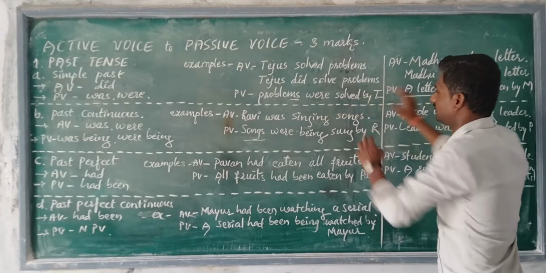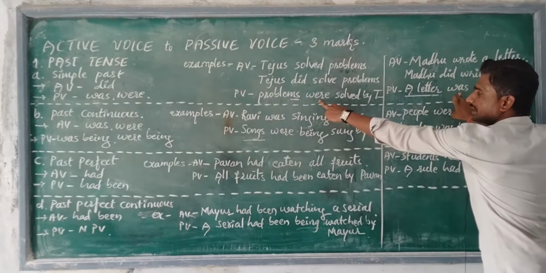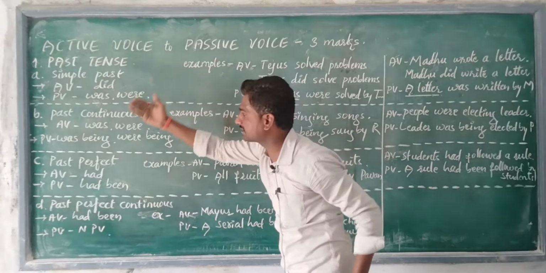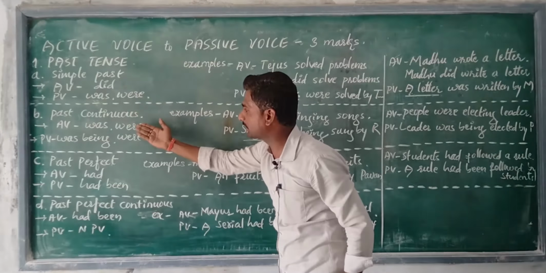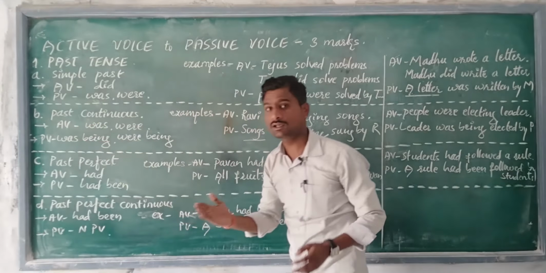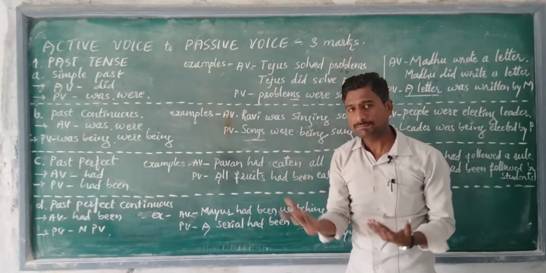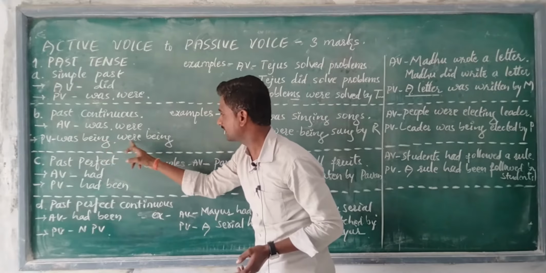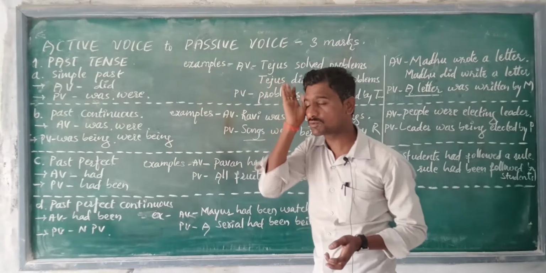See here, these two helping verbs are already used for passive voice in simple past. But in past continuous, the helping verbs was and were are used for active forms. Then what are the helping verbs that come for the passive voices? See here, was being and were being, the passive forms.